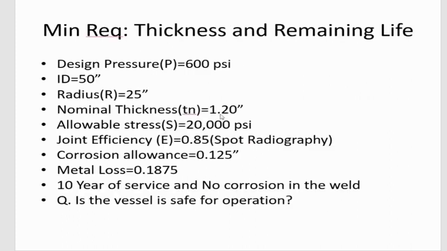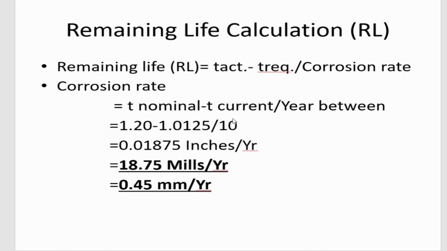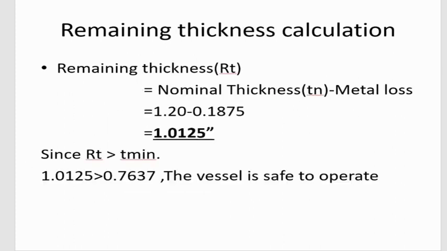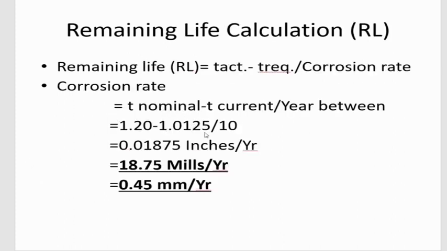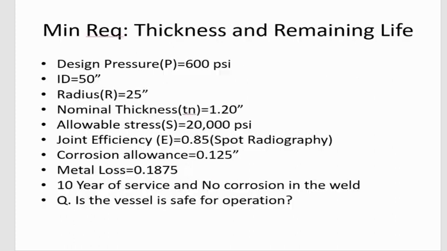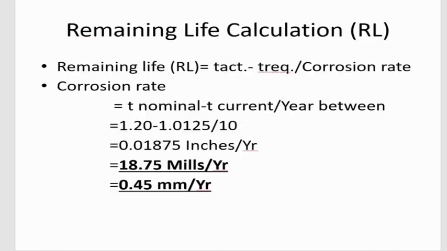Our nominal thickness is 1.20 and the current thickness is 1.0125, and the years of operation is 10 years of service. That means our corrosion rate is 1.20 minus 1.0125 divided by 10. We will get 0.01875 inches per year, or 0.45 millimeter per year.